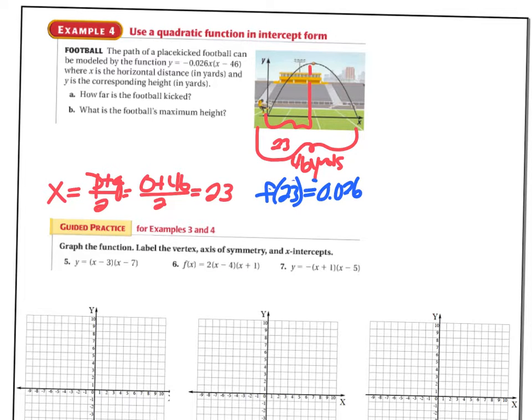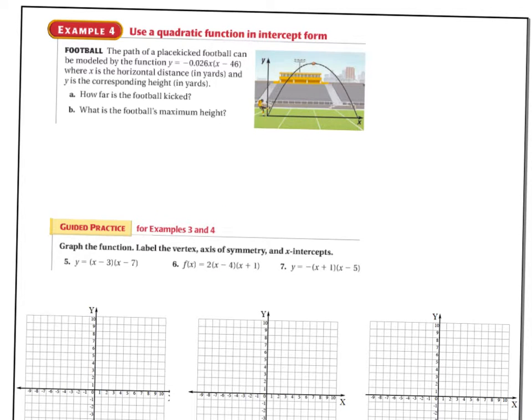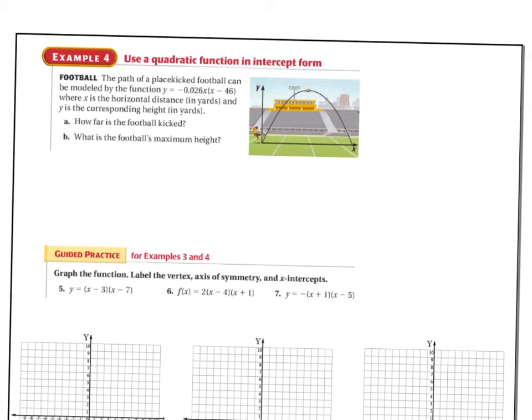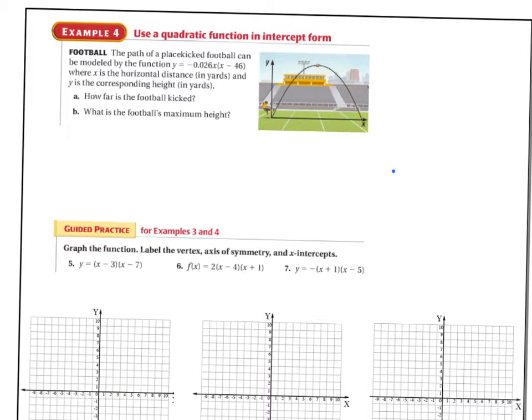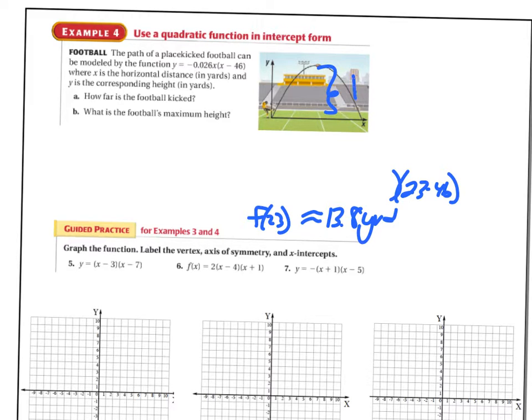That's a negative, times 23. And then we will write 23 minus 46. And when you do the math, you get that at 23 yards, your height is approximately 13.8 yards. So that is this height here, 13.8 yards.